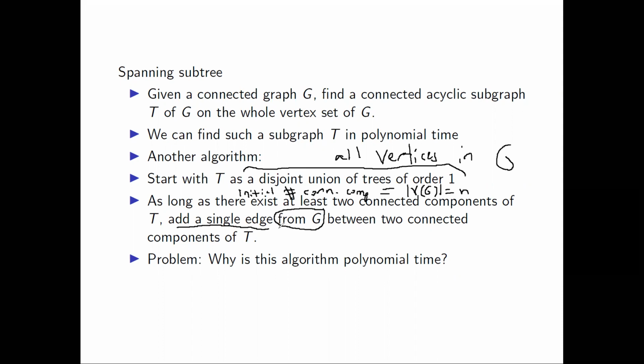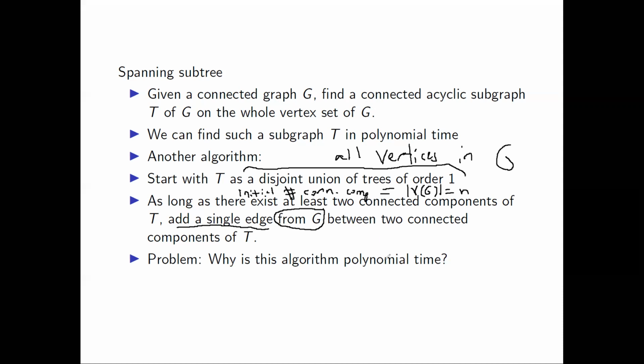But when we add that single edge between the two connected components, those connected components are both trees. So at any step of this algorithm, both of those connected components are trees. And when we add that edge, they remain trees, because you take two trees, you add an edge between them, it stays a tree.